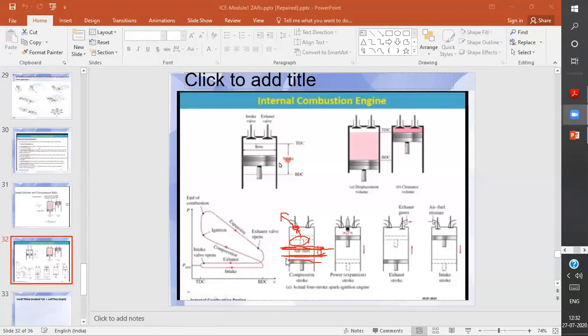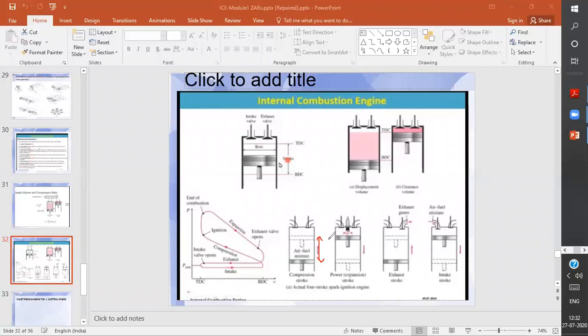The stroke is completed in 180 degrees only. The piston will not move more than that. When the piston moves from bottom dead center to top dead center, the crankshaft rotates by 180 degrees only. Keep it clear.